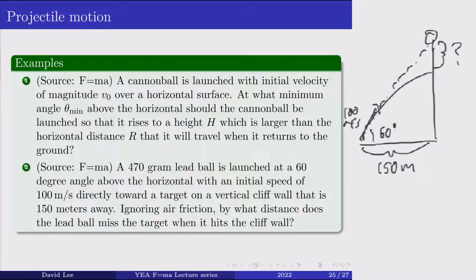So the target's right here. But actually, because of gravity, the path of the projectile looks more like this curved line here, and so it ends up here. The problem's asking you for this distance. And yes, if you're getting something close to 45, you're probably doing something wrong. I would double check your work.